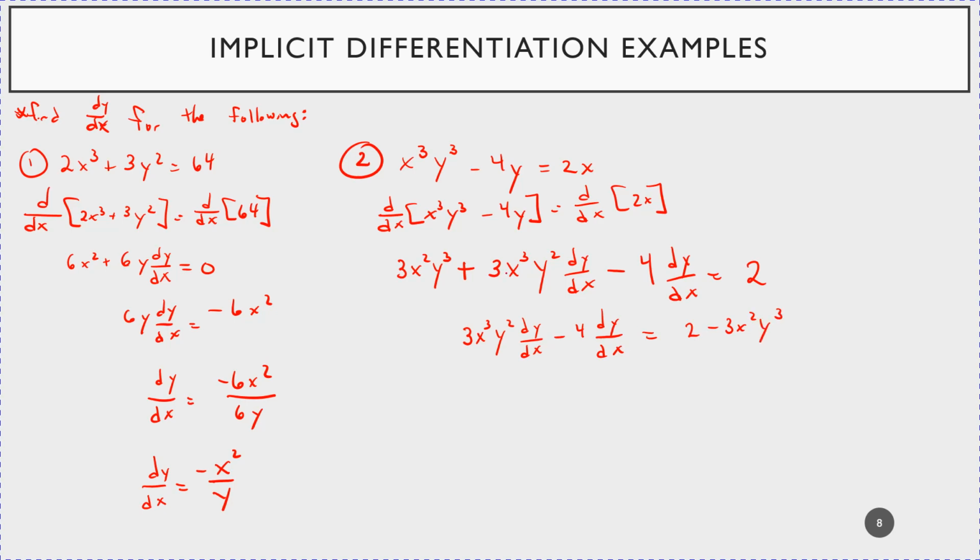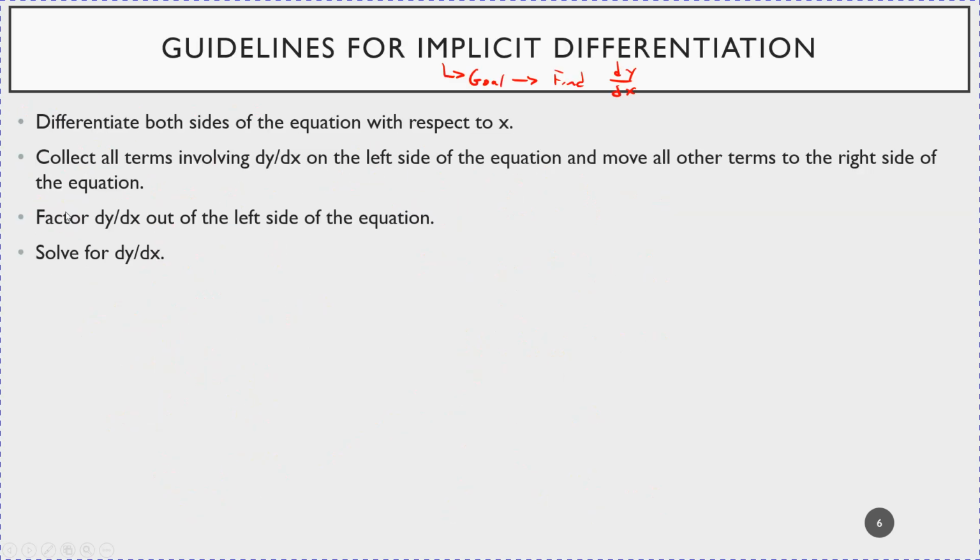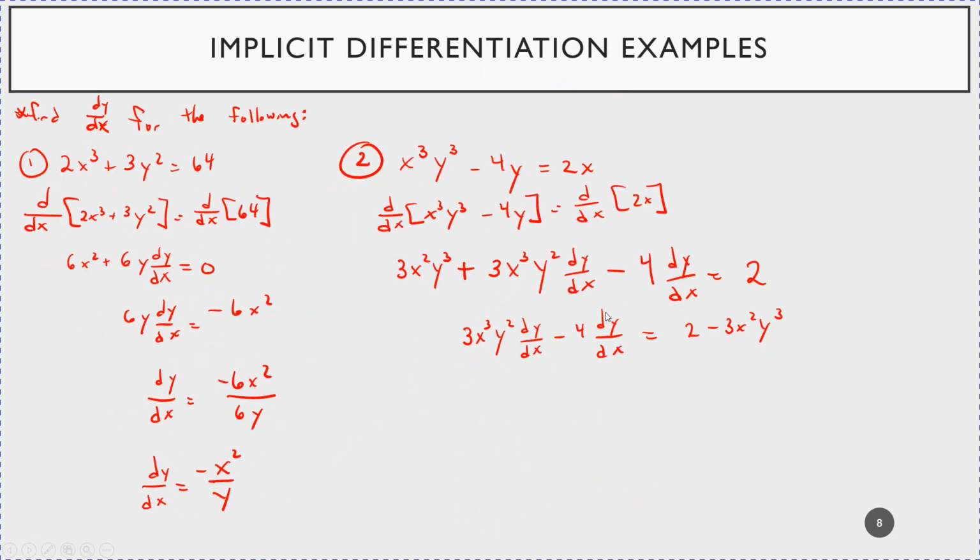Okay, now notice here, factor out the dy/dx on the left side of the equation. Do you notice how they both have a dy/dx? I'm going to factor that out. So dy/dx times (3x cubed y squared minus 4) is equal to 2 minus 3x squared y cubed.